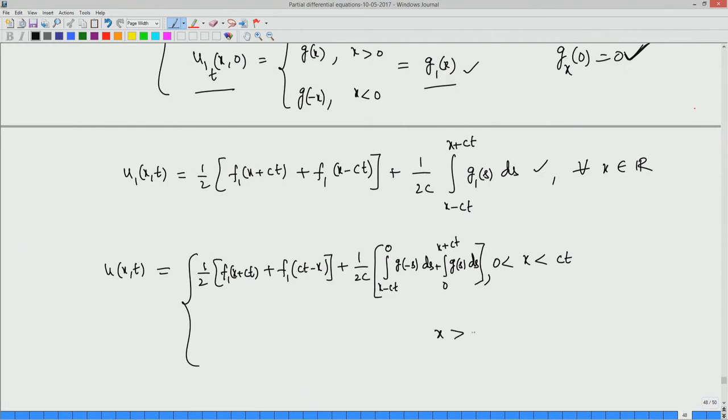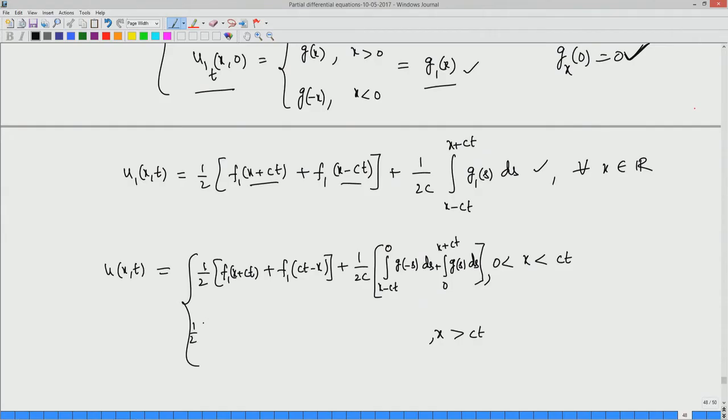When x is greater than ct, what happens? In this case, x plus ct is positive and x minus ct is also positive. So, f1 is equal to f itself when the argument is positive.